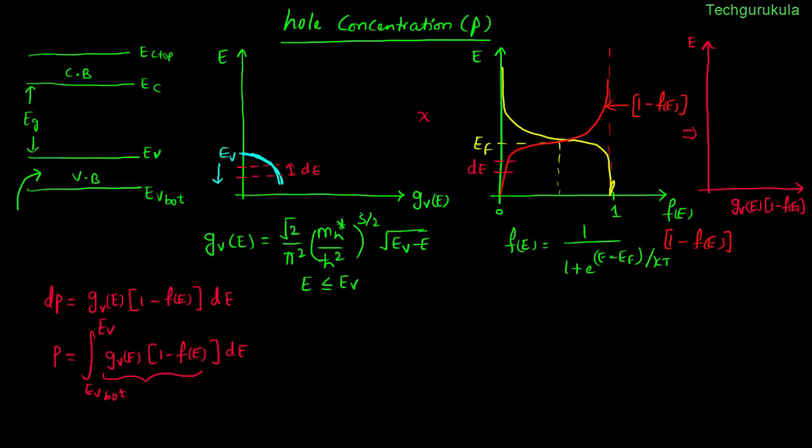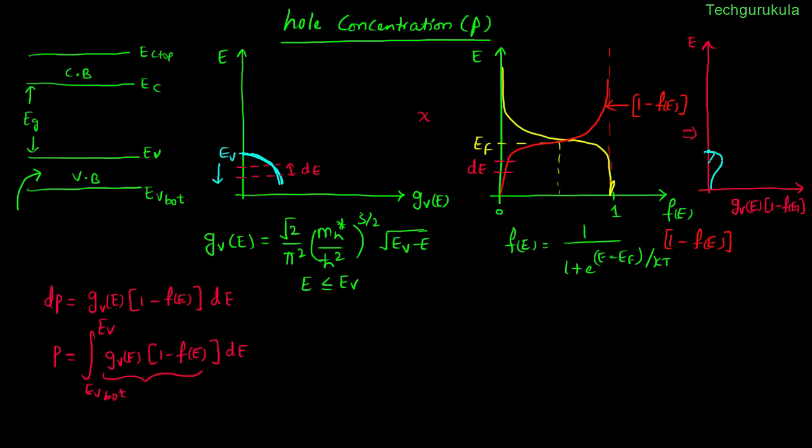So multiplying this with 1 minus f of E would be 0. So till this point of EV, basically the function would be 0. At EV, the value would be 0. And as we go below EV, the multiplication value would keep increasing. And as we go even below, the probability distribution function, the 1 minus f of E, would dominate, and it will drive the value to 0.